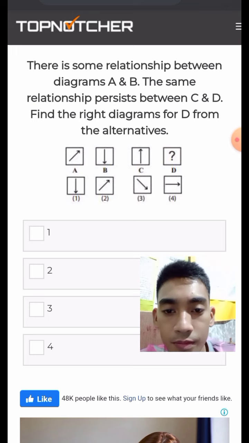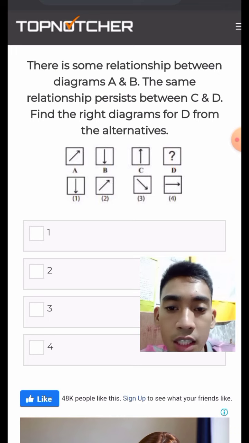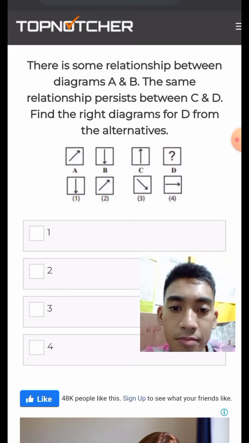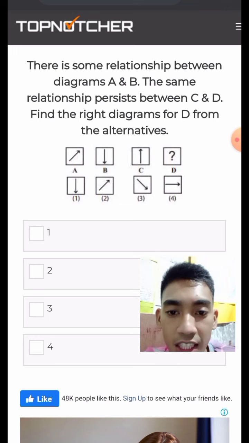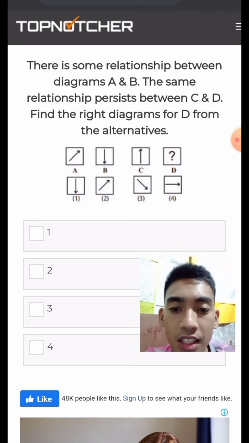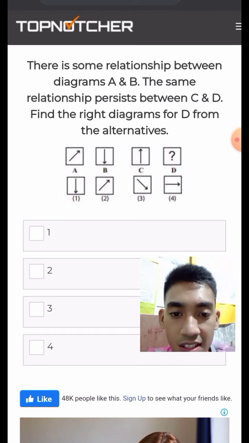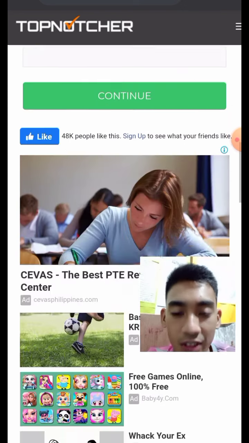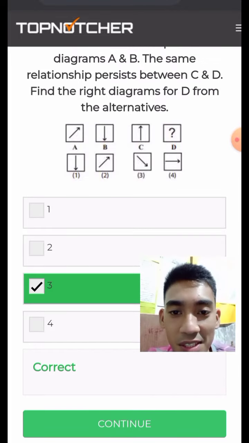If pointing up, it should be pointing down. It could be 3, not 1, not 2, not 4. Let's try 3. Correct? The correct answer is 3.